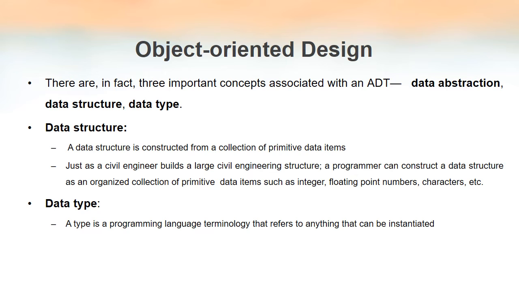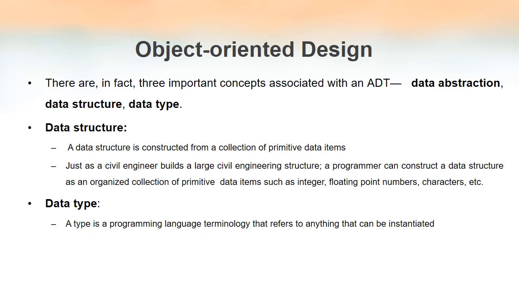We are able to say that this line of code is declaring three variables of type integer because int is a data type. So a data type is a terminology that refers to anything that can be instantiated. So when we write int a, b, c, a and b and c, all these three are instances of type int.